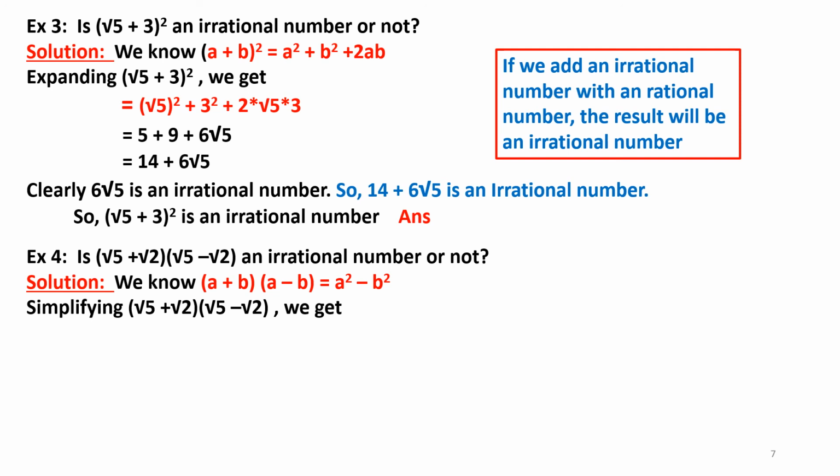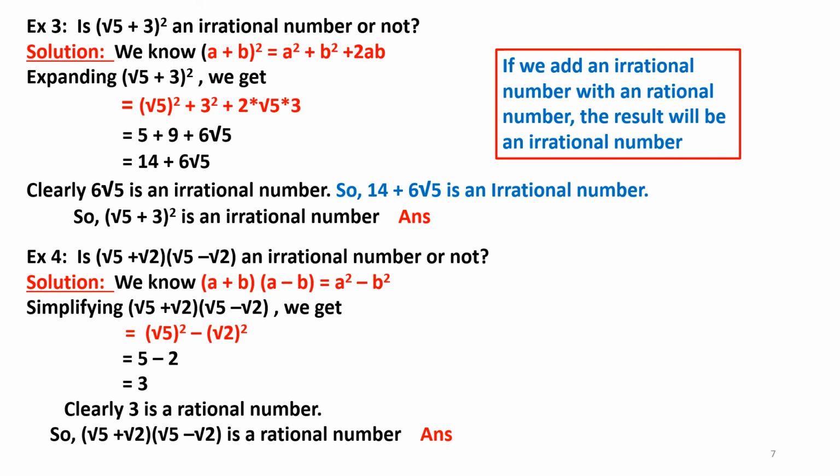A is root 5, b is root 2. So root 5 square minus root 2 square. Root 5 square is 5, root 2 square is 2. Answer is 3. Clearly 3 is a rational number. It is not an irrational number. So the given expression is a rational number, not an irrational number.